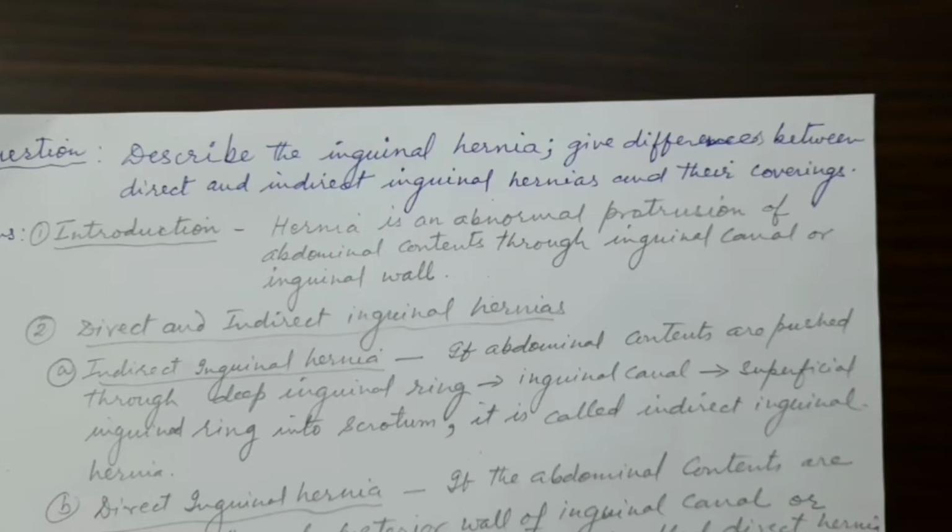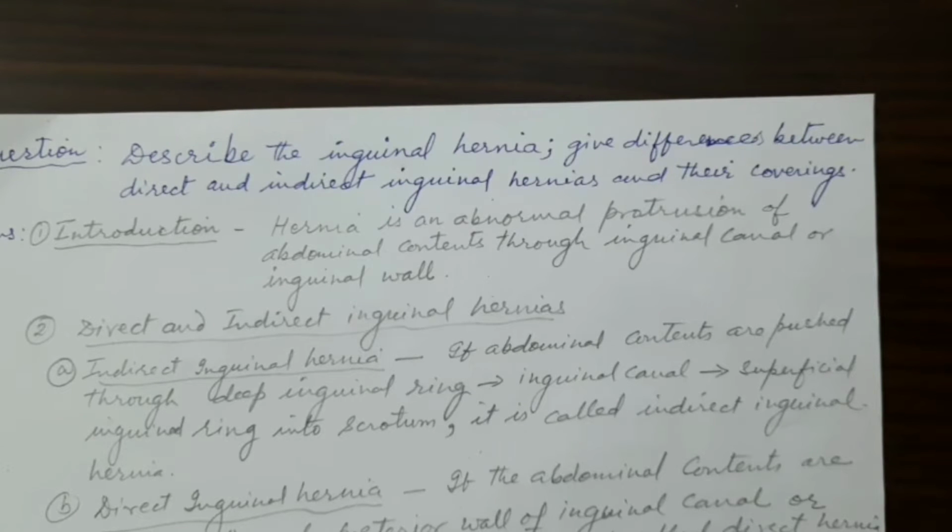Protrusion means coming out of the abdominal cavity. So hernia is an abnormal protrusion of abdominal contents, and usually the content is either the greater omentum or a loop of the small intestine which protrudes through the anterior abdominal wall.